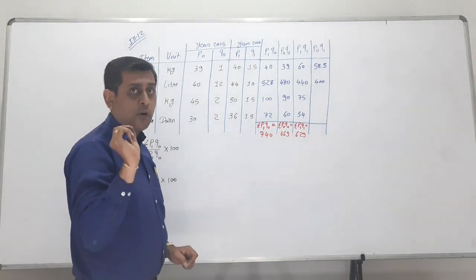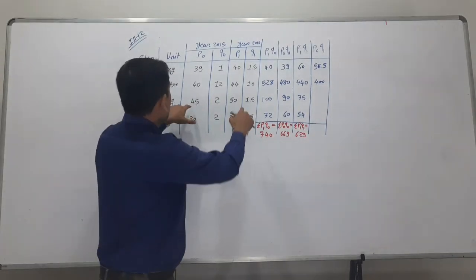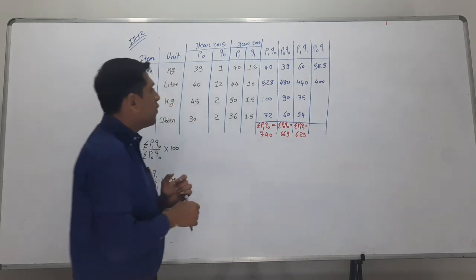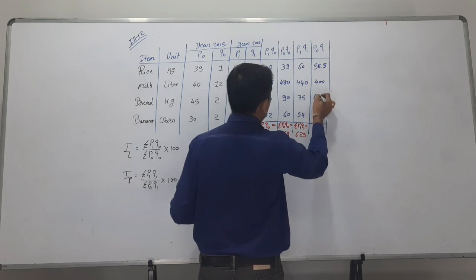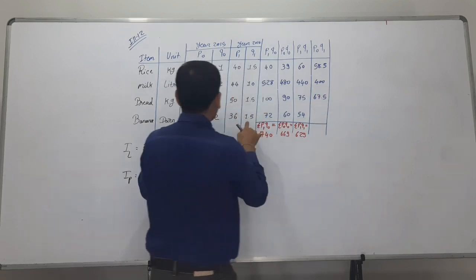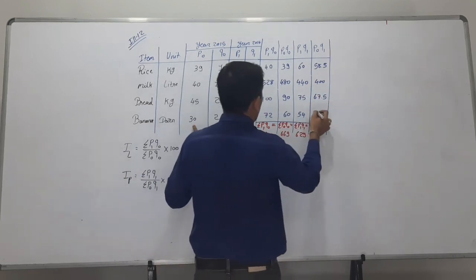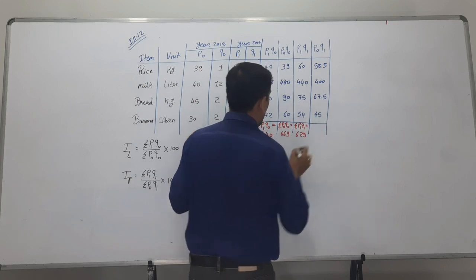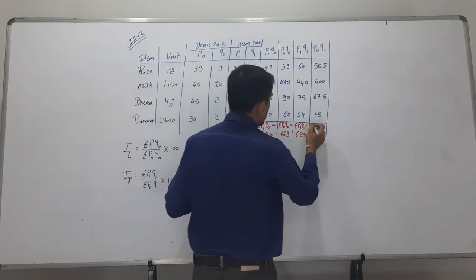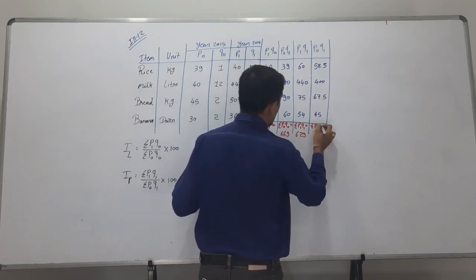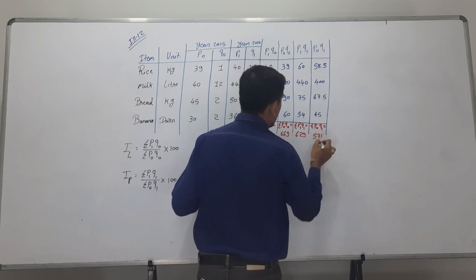So be careful. Now 45 into 1.5, that is 67.5, and the last one 30 into 1.5, that is 45. So the total, sigma P0 Q1, is 571.